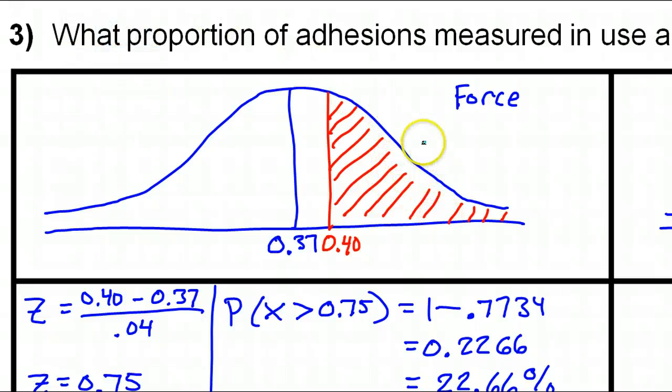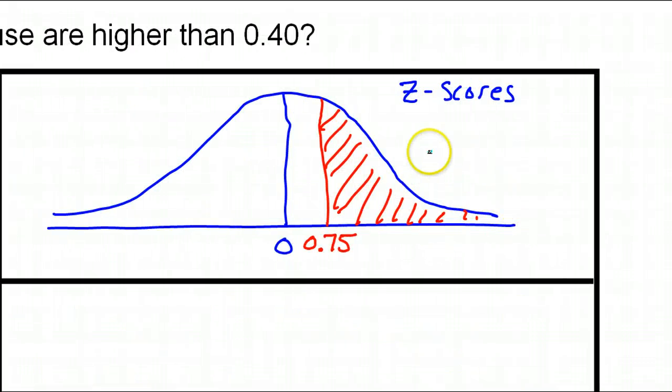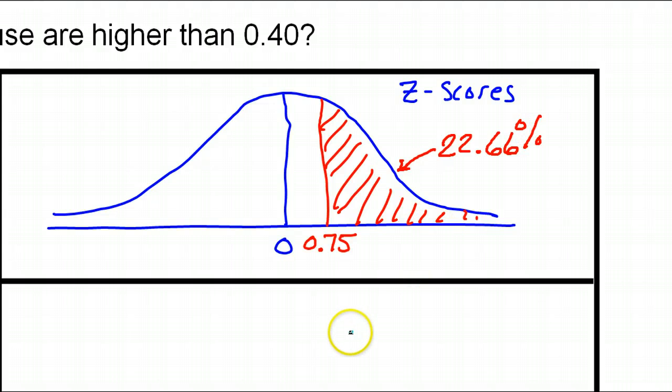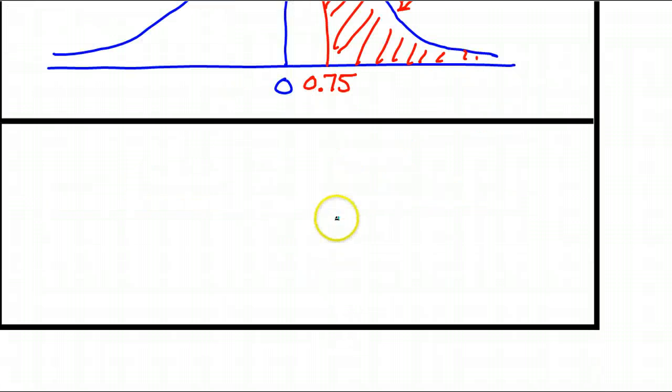Let's go ahead and record that on the picture. So this red stuff here is 22.66%. Same with this over here. This is 22.66% of the data. Okay, that's what we wanted.